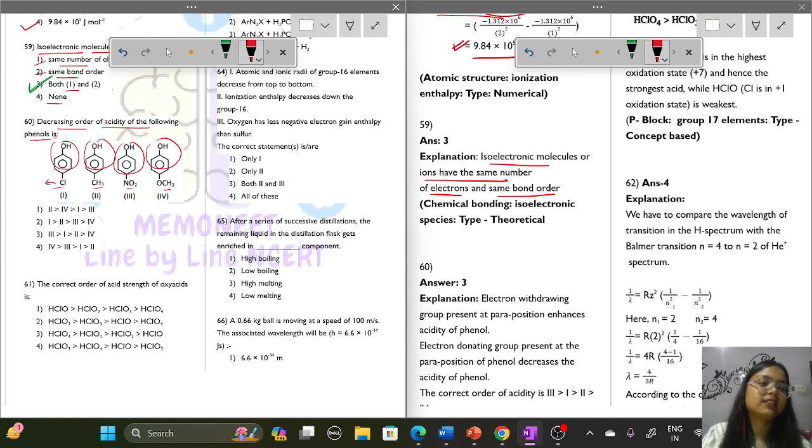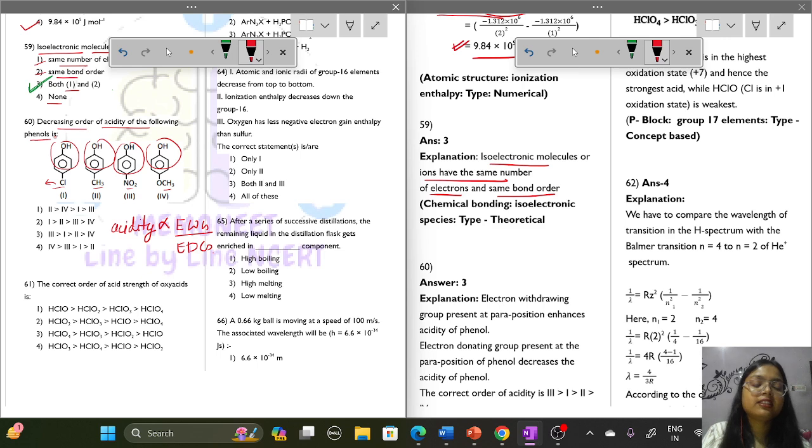First of all, we should write down that acidity is directly proportional to electron withdrawing group and inversely proportional to electron donating group. Which means that if electron withdrawing groups are present, the acidity will be greater, and if electron donating groups are present, it will be less acidic.